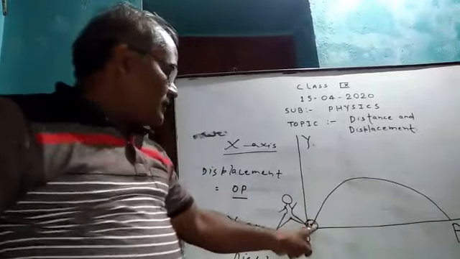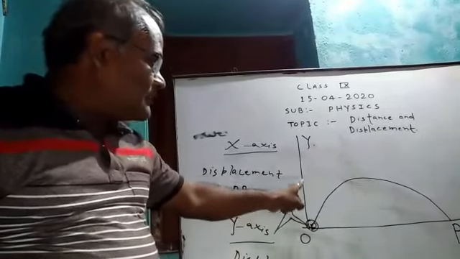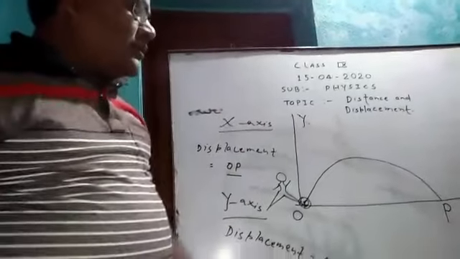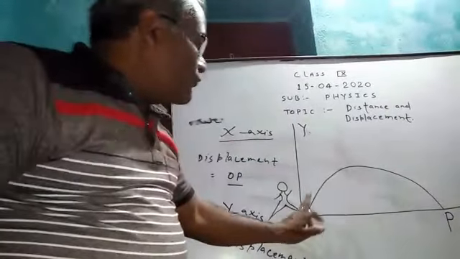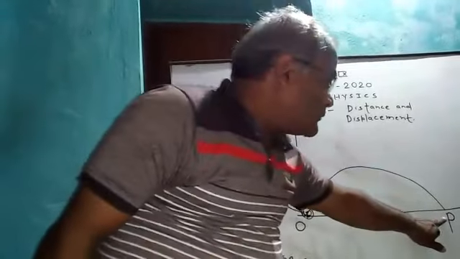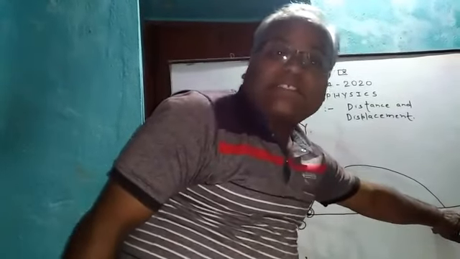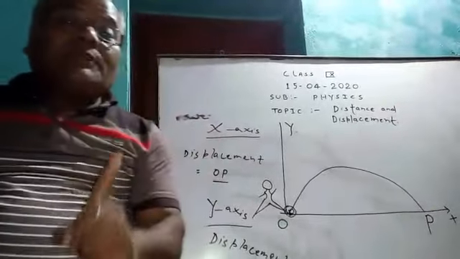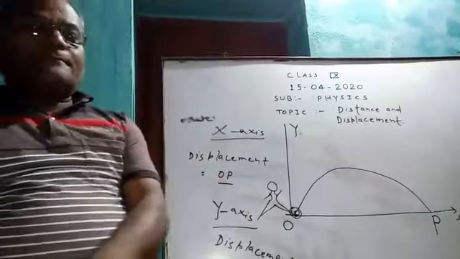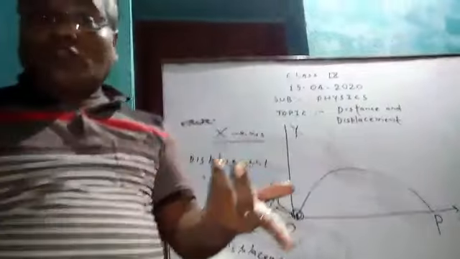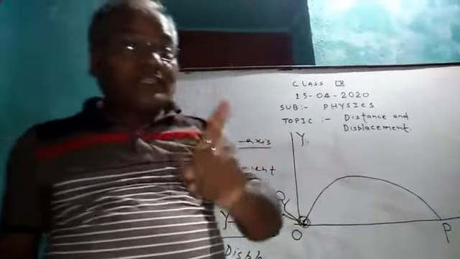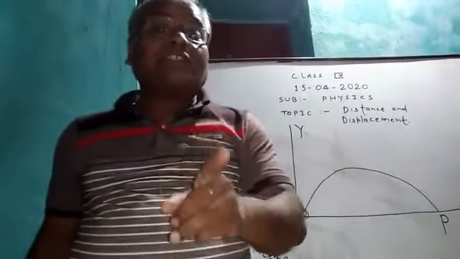In this case, there is no displacement covered along the y-axis here. So, when the body reaches point P on the x-axis, only displacement along the x-axis is obtained, but there is no displacement along the y-axis because the body reaches the same plane at which it was thrown.